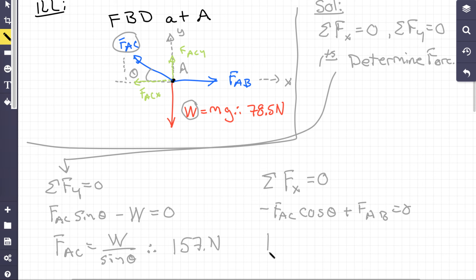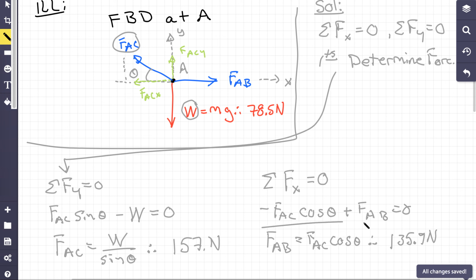If we continue, the force of AB is equal to the force of AC times the cosine of theta. Furthermore, we know that it's going to be less than 157 because cosine is always less than 1, and whenever you multiply a number by something less than 1, you get less. So we find out that it's 135.9 newtons.